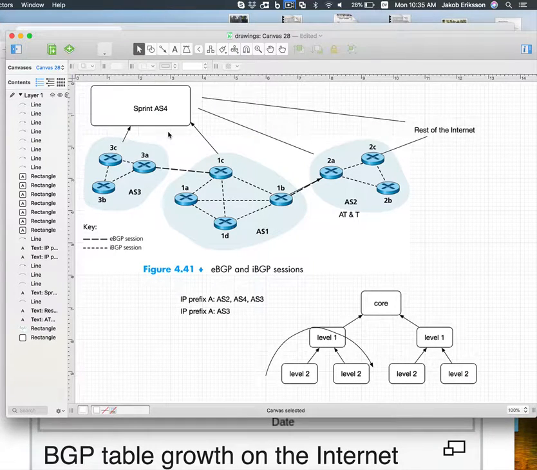In addition to saying, I have a route to this prefix, you also get to tag it. So now Sprint can say, for anything that should be announced only to North America, tag it NA, right? North America. Actually, it's a number, I believe, but okay.